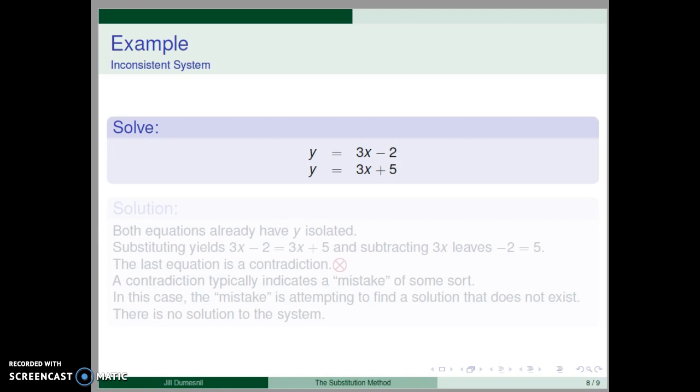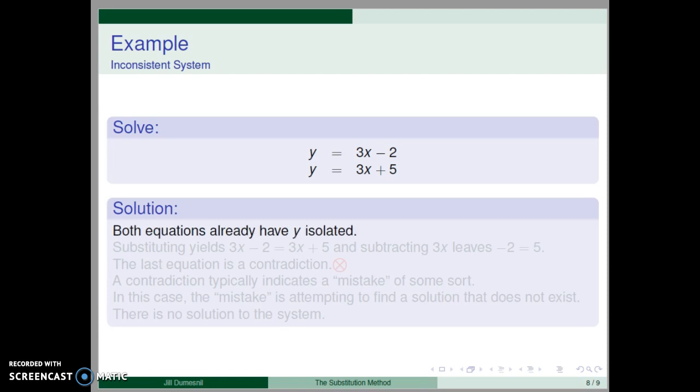Suppose we want to solve the system with equations y = 3x - 2 and y = 3x + 5. Clearly, these equations represent parallel lines, and the system has no solution. However, our intent here is to illustrate what happens if we don't notice this and proceed with an algebraic solution.